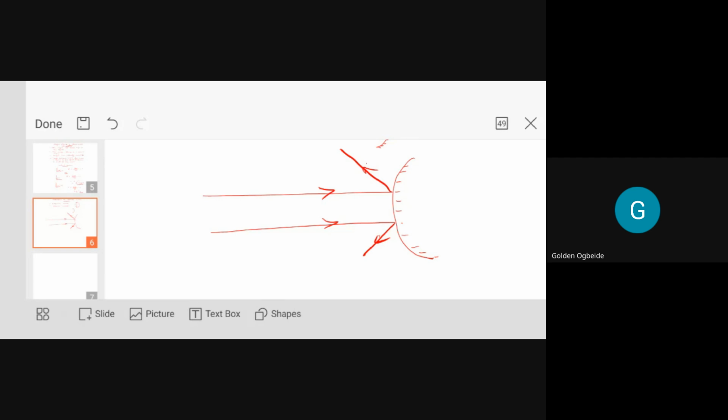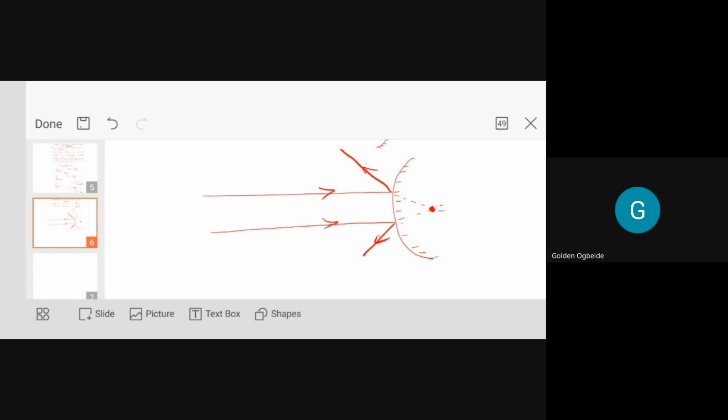So if the rays diverge, it means that there is no time a real image will be formed, because these two rays can never meet. This one is moving to the north, this one is moving towards the south. So they can never meet at a point of intersection. Their intersection point will be found by tracing them behind the mirror. So if I trace these two rays behind the mirror, I'll get a point where the image is going to be formed.